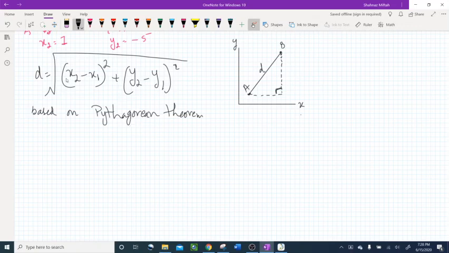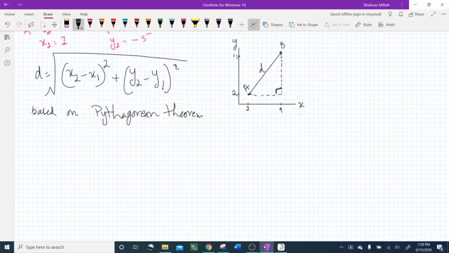According to my distance formula, I have two ordered pairs, x1, y1 and x2, y2, so I have to find all these values. For example, this is 2 and this is 2. Up here I count 2, 3, 4, 5, 6, 7, 8, 9. So that's 9. And this one: 2, 3, 4, 5, 6, 7, 8, 9, 10.